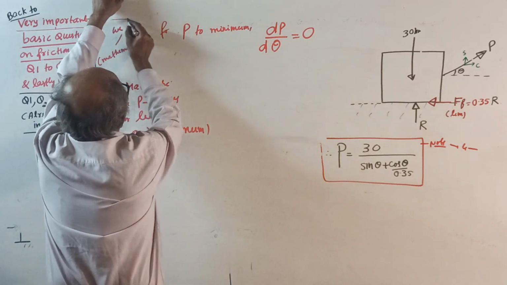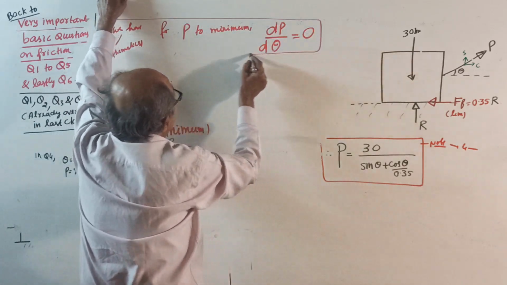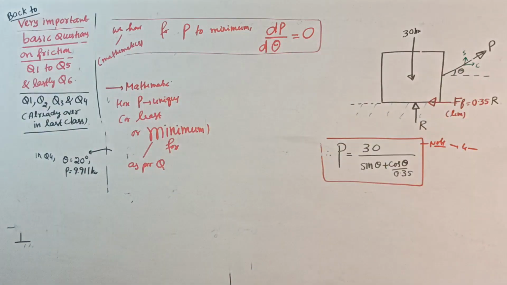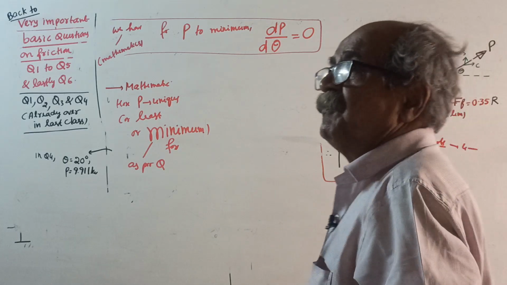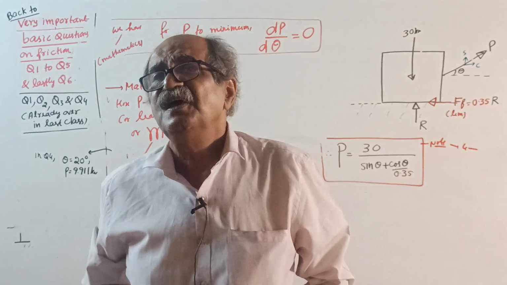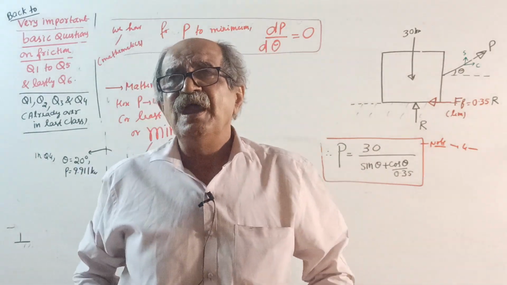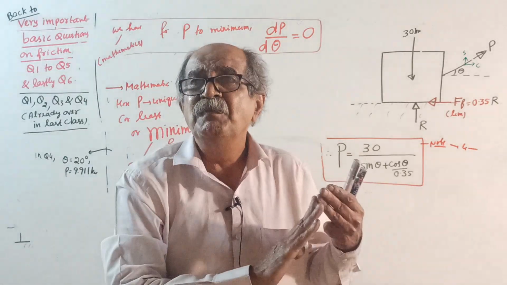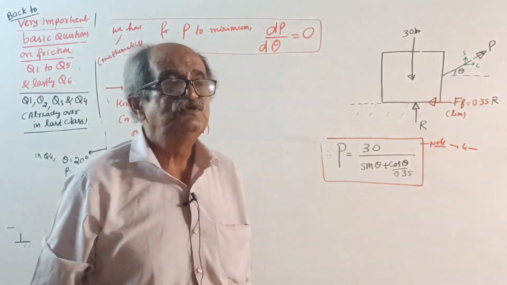This is mathematics. For a function to be maximum or minimum, its derivative with respect to the variable should always be 0. Suppose y is a function of x, for y to be either maximum or minimum, dy by dx should be 0.